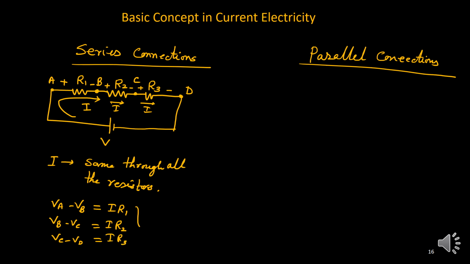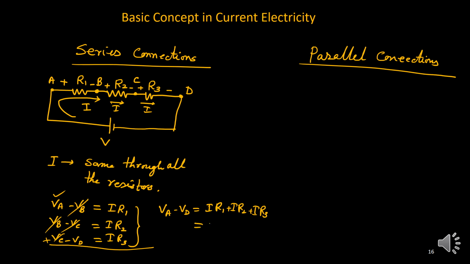If I simply add all those three, VB will cancel out, VC will cancel out, and this will give VA minus VD, which is IR1 plus IR2 plus IR3.